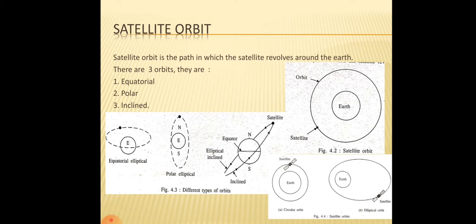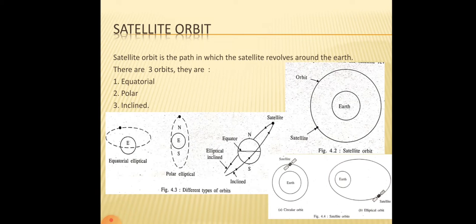The next one, we will be seeing about geosynchronous orbit. Here you can see in the diagram the geosynchronous satellite orbit, circular and elliptical, and on top the diagram for geosynchronous.